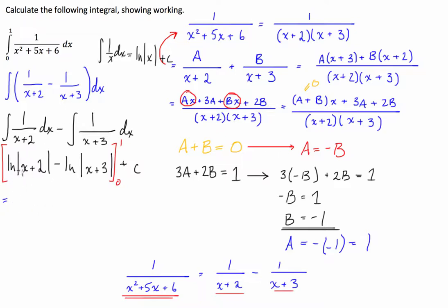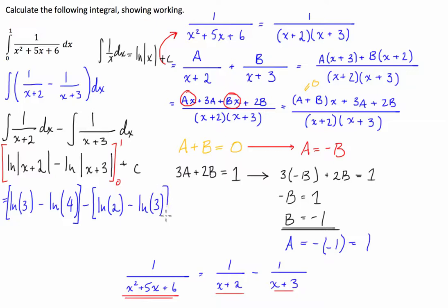And that's equal to, at 1, ln of 3, subtract the natural log of 4. Put that in another bracket, just so we can separate it out. Minus the natural log of 2, minus the natural log of 3.